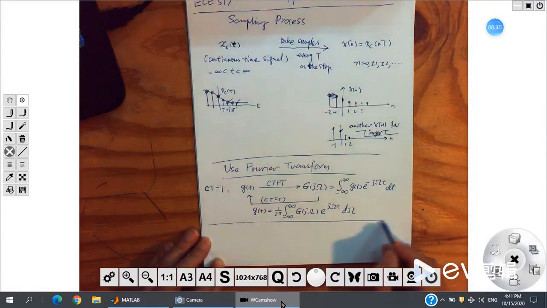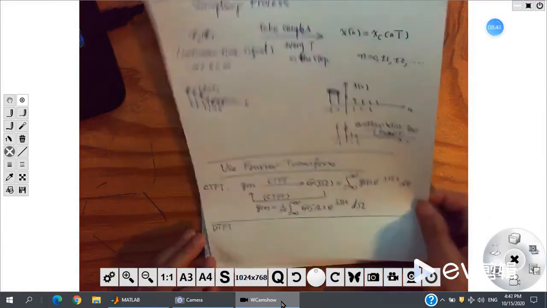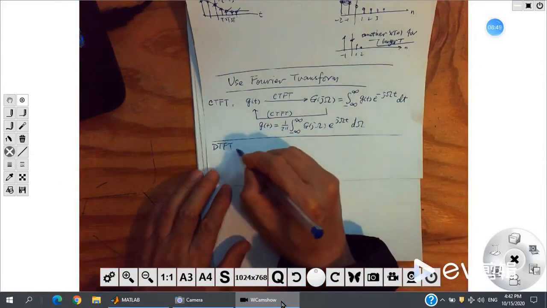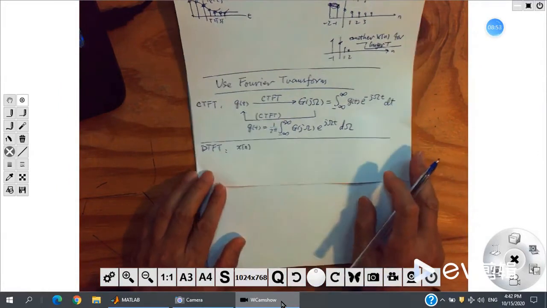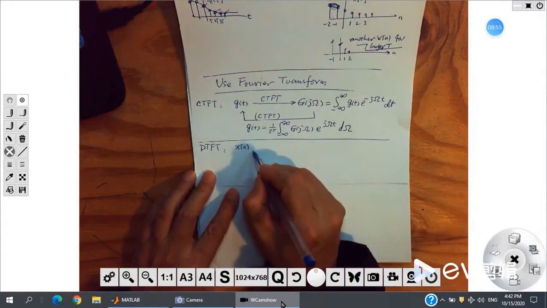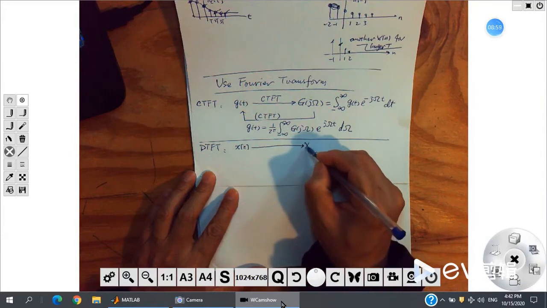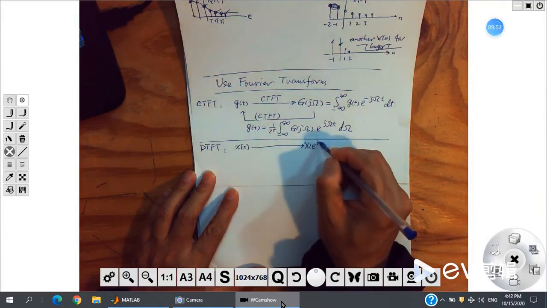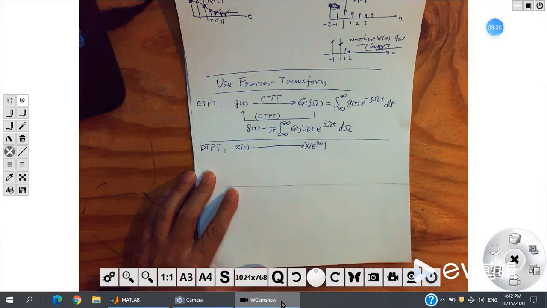Now we can compare with the DTFT. We should be familiar with this, right? For the DTFT, we start from a signal x of n. Now the time variable is n, only integers. Then we have capital X of e to the j omega. For a discrete-time signal, I use lowercase omega for the frequency.